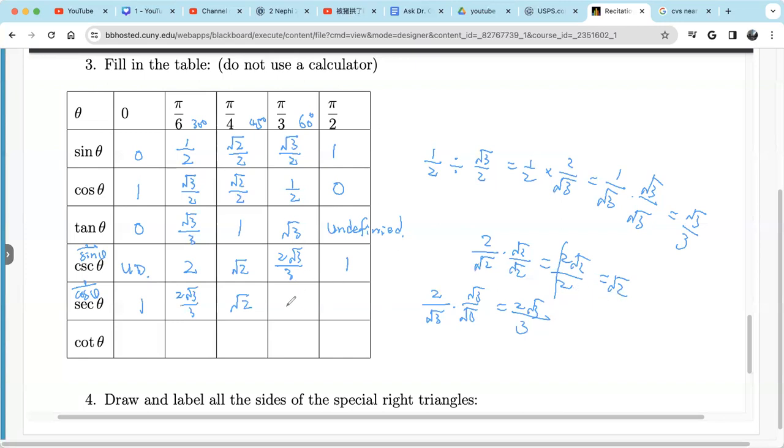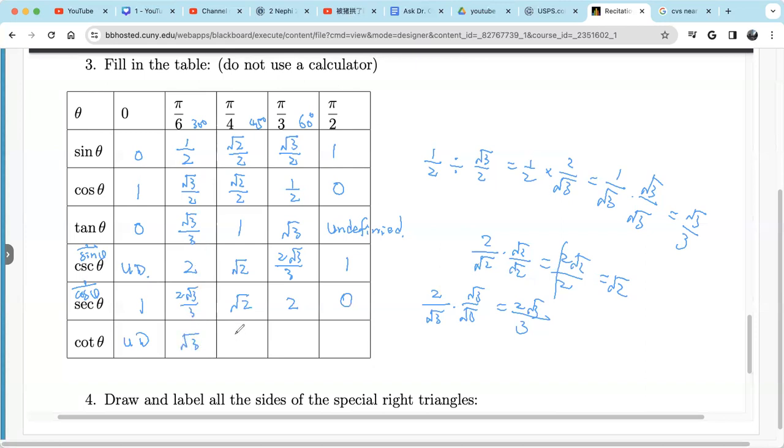Now secant pi over 3, that's 2 over 1. So it's 2. Cotangent is 1 over tangent. Well, 1 over 0 is undefined, right? 3 over radical 3, we can simplify.